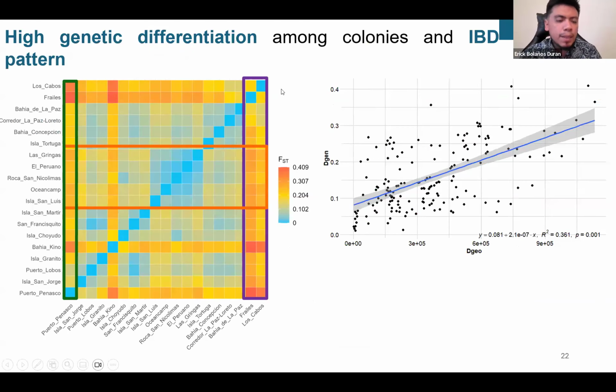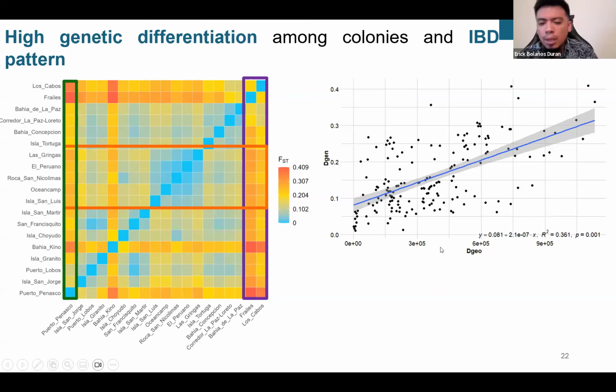According to the genetic differentiation analysis with FST comparisons between colonies, we observed that again, in the southern part of the Gulf of California, the colonies were separated from the rest, and the northernmost side was separated from the rest. So we performed a Mantel test in order to test if there is isolation by distance.